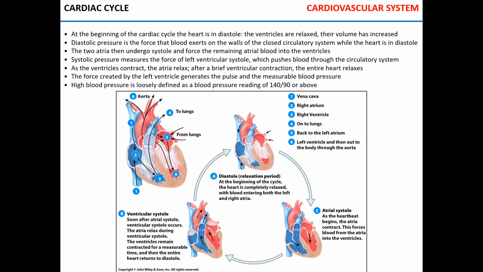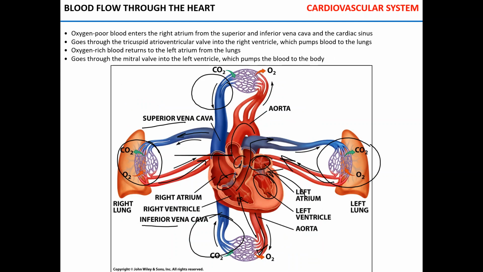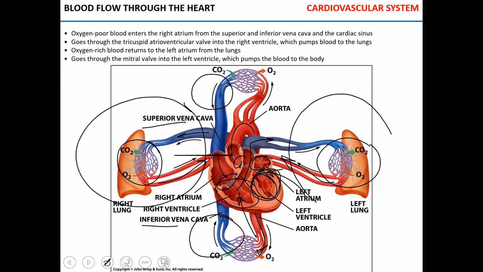Another important thing to notice about the heart, you can see that the walls of the left ventricle are much thicker than the walls of the right ventricle. That can be easily explained. This picture doesn't really represent the scale, but pulmonary circuit here and here is much shorter than the systemic circuit.